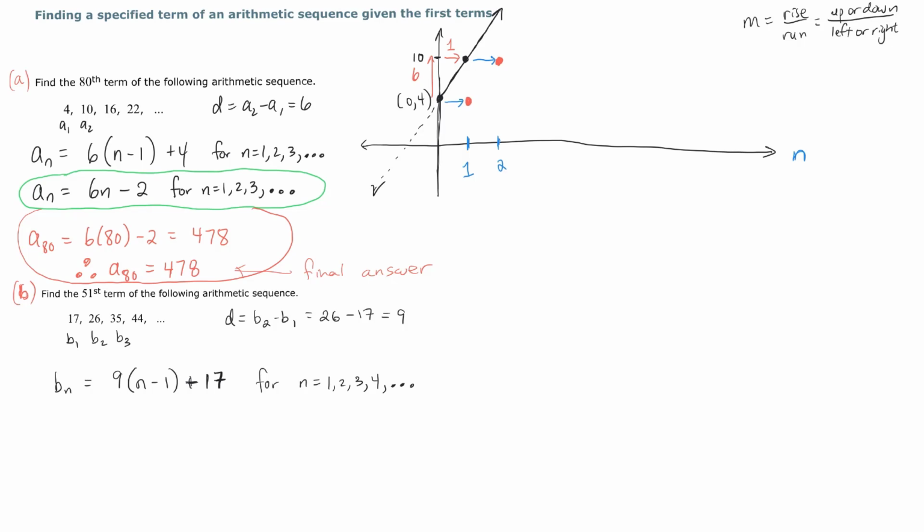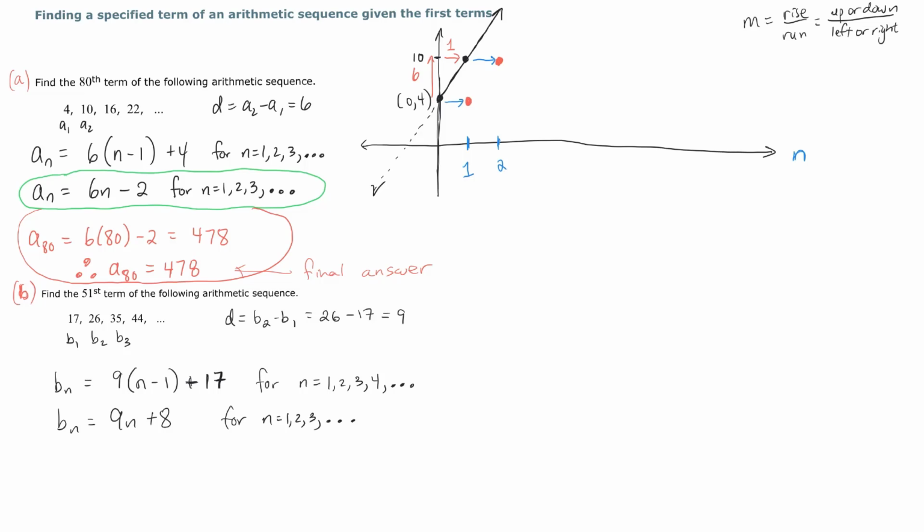Three dots. Make sure you write the three dots. Now, let's simplify this. This is 9n minus 9 plus 17, so 9n plus 8. Be nice if you check n equals 3 just to make sure it is 35. I'll let you guys check it. I already checked it, it is.